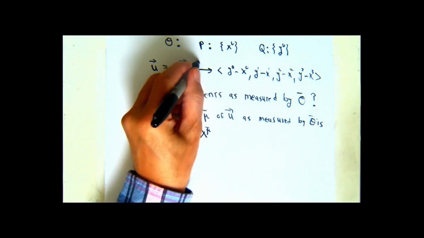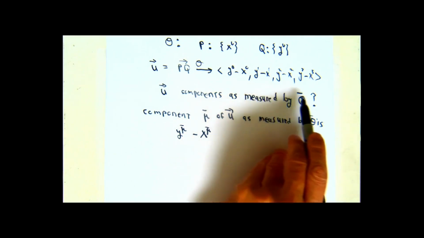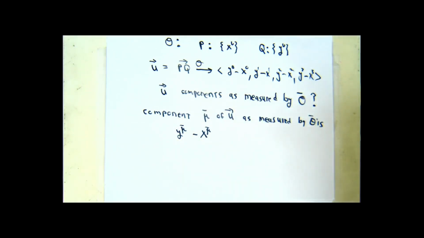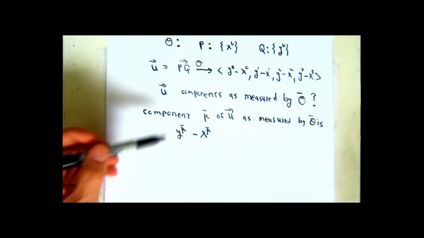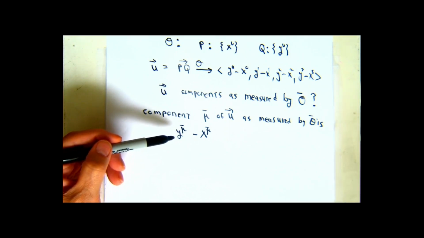And minus star tells me that as measured using the coordinates of O, the components of vector u, being P to Q, is and minus star. What are the components of vector u as measured using the coordinates of O bar? I would have to figure out the coordinates of point Q according to O bar.